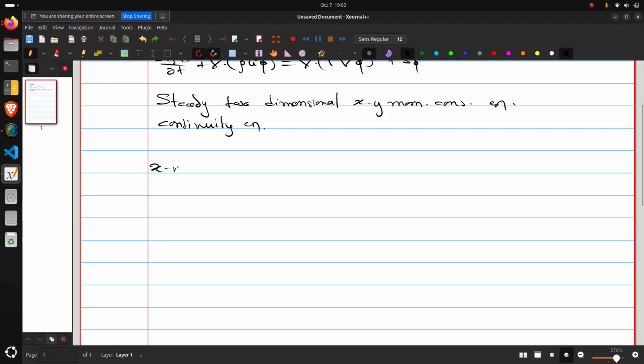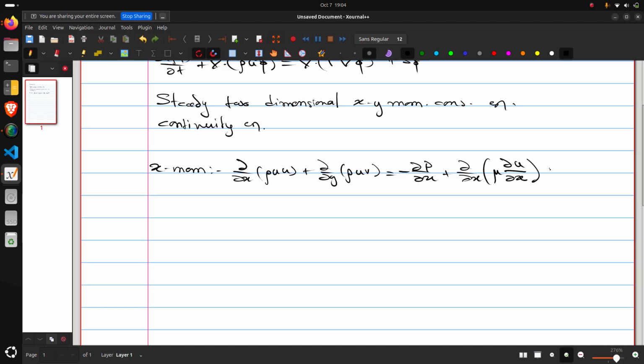Okay, so the X momentum will be dou by dou X rho UU plus dou by dou Y rho UV equals minus dou P by dou X plus dou by dou X mu dou U by dou X plus dou by dou Y mu dou U by dou Y, right? And also let's include the source term.